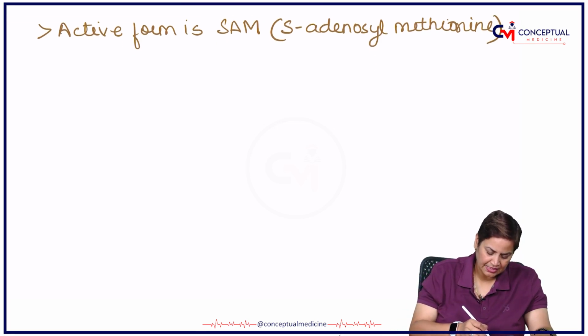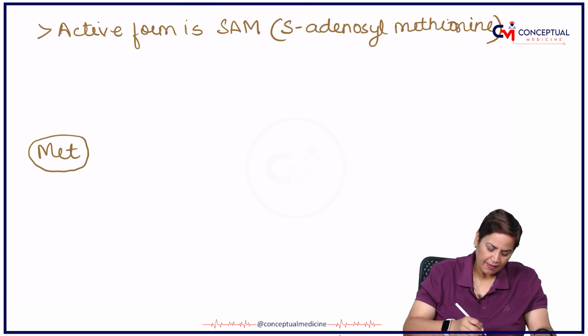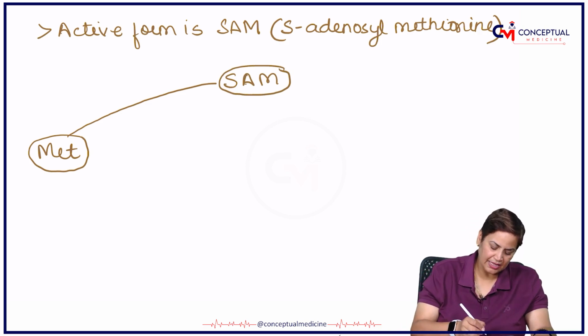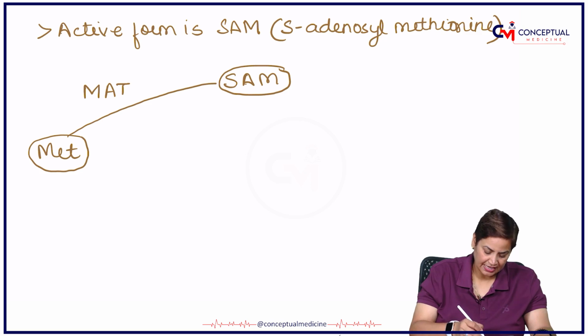So what happens is, this methionine is converted into SAM first, which is S-adenosyl methionine, in the presence of MAT. MAT is the name of the enzyme, okay, and adenosyl will come here.